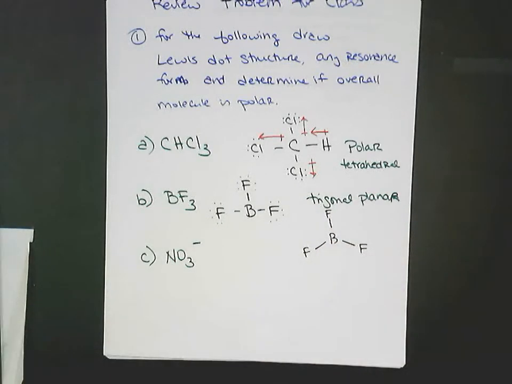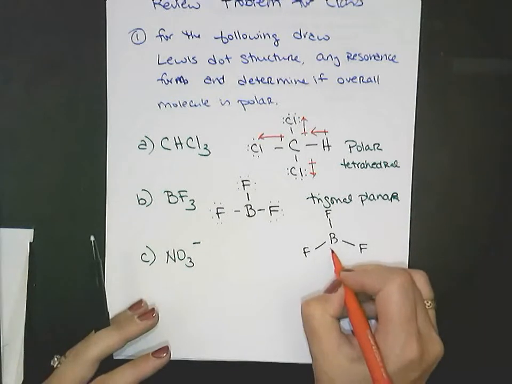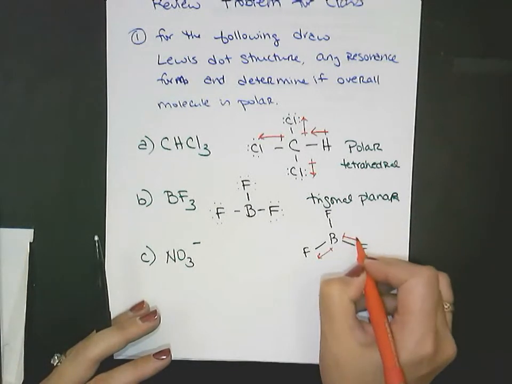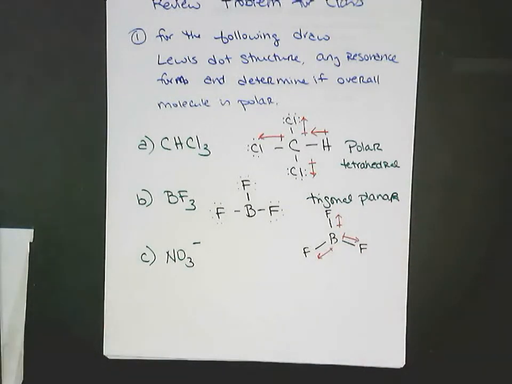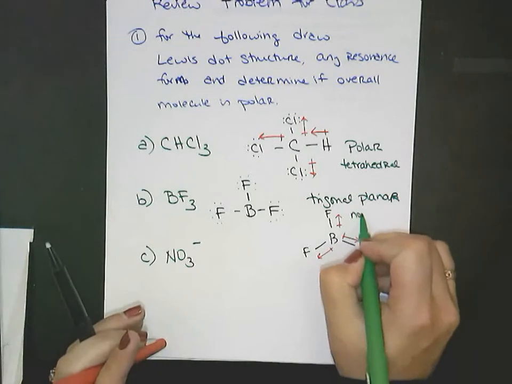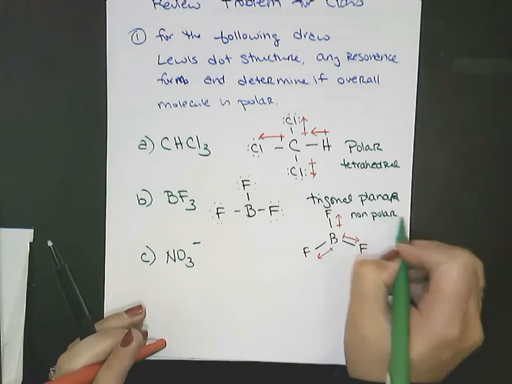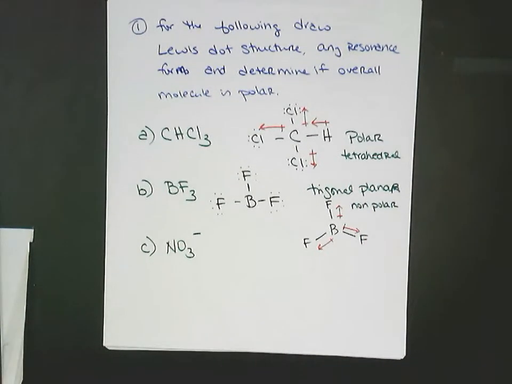Right, so if we draw it like this, oh, I see, they evenly cancel each other out. So this was nonpolar. Can we draw our Lewis dot structure like that? You can draw it however it's correct. So sure, you can draw it like this.